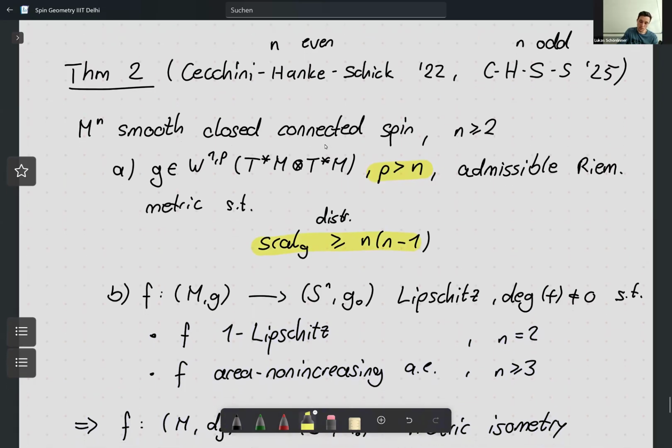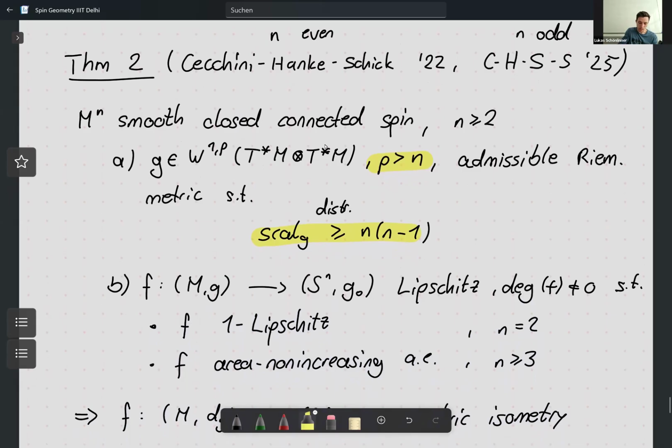And we also relax the condition on F, namely we don't assume anymore that F is smooth. It can be Lipschitz. But we still keep the assumptions that F is 1-Lipschitz for n equal to 2 and area non-increasing for dimensions at least 3.